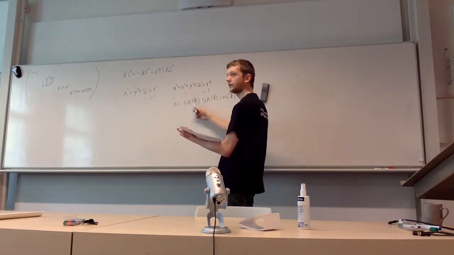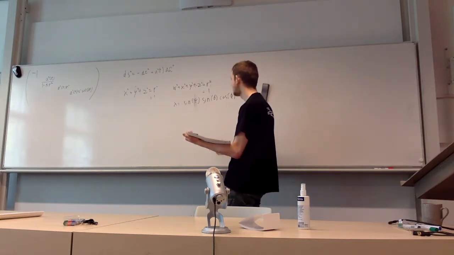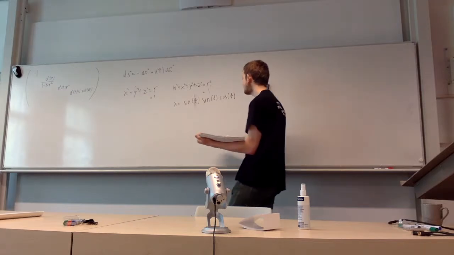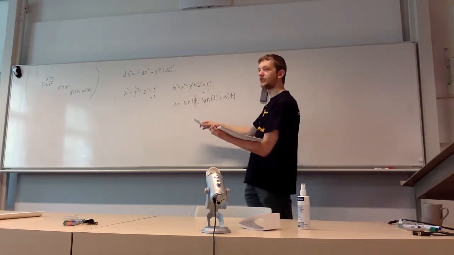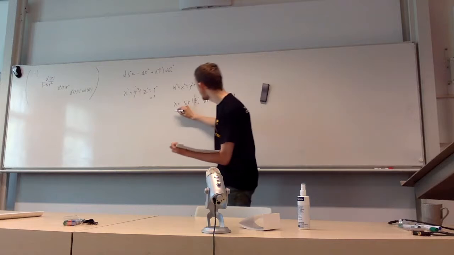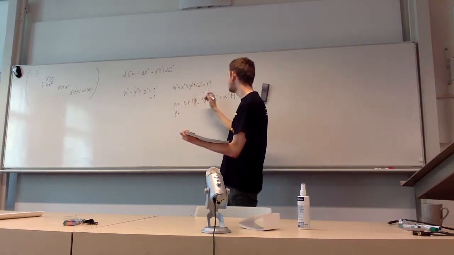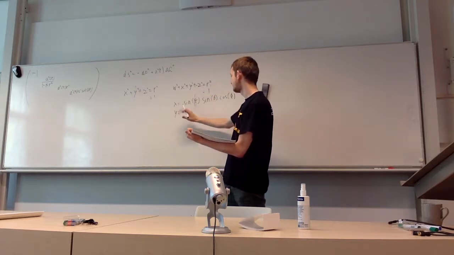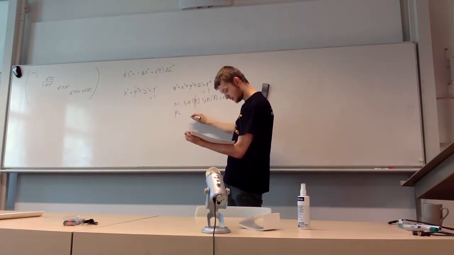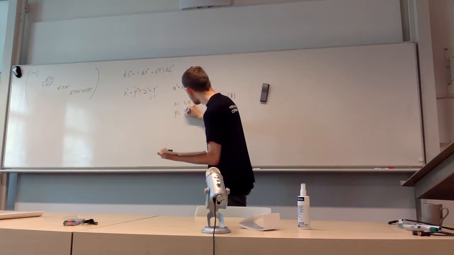This third angle is just a different angle that is necessary in four dimensions to move from Cartesian to polar coordinates. Oh, and the r would usually be here, but since we set the r to be 1, you don't see it here.